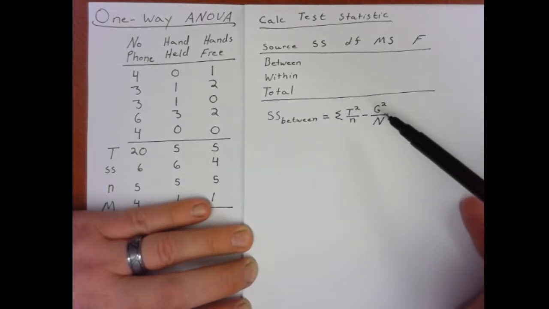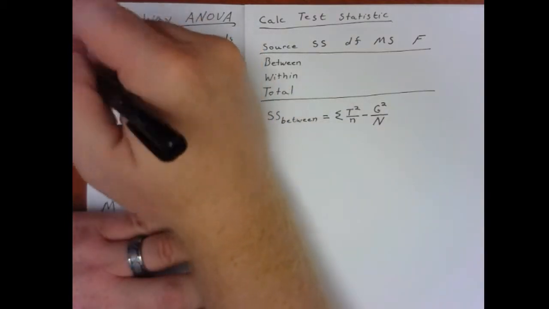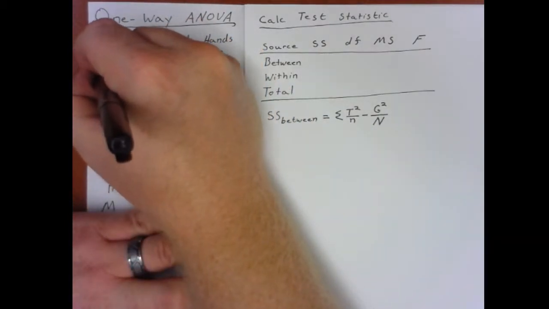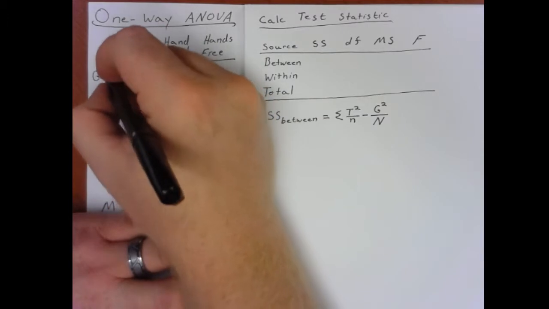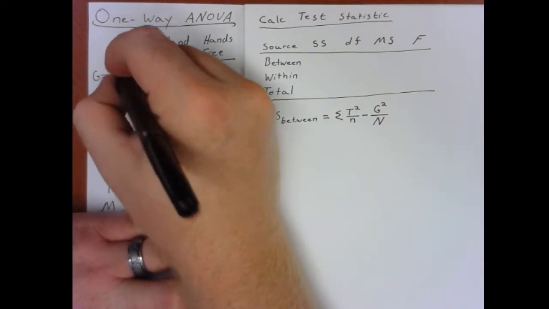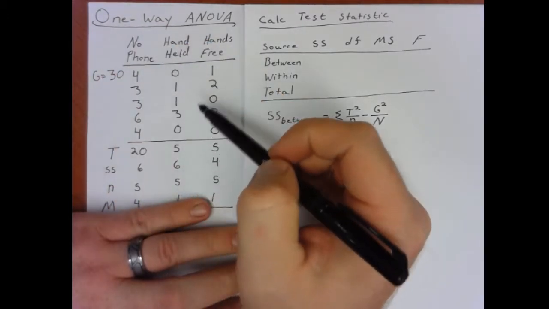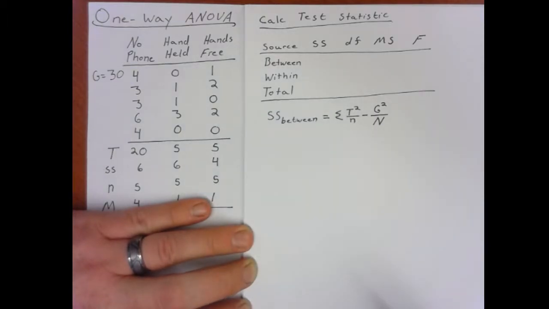G stands for the grand total, which is the sum of all the scores. Now, this number, the grand total, is actually 30, but you could add up all of those and double check me if you want.